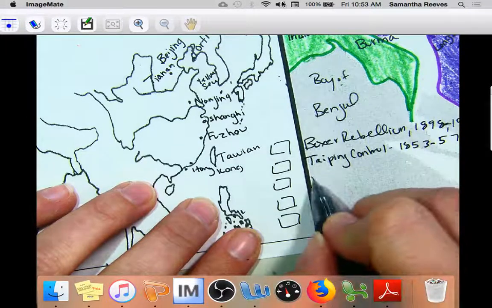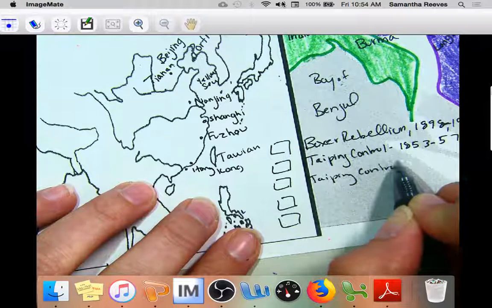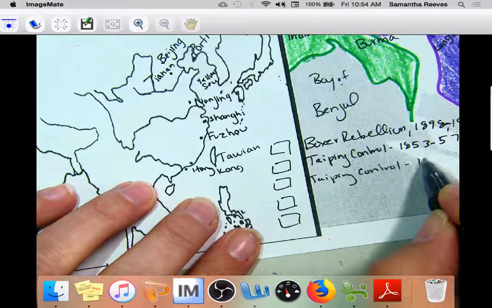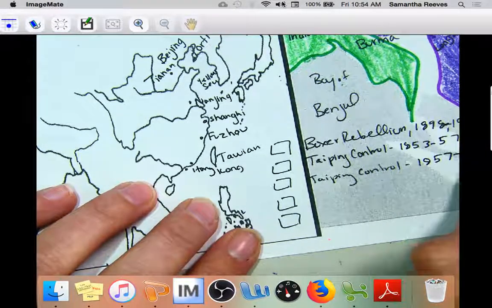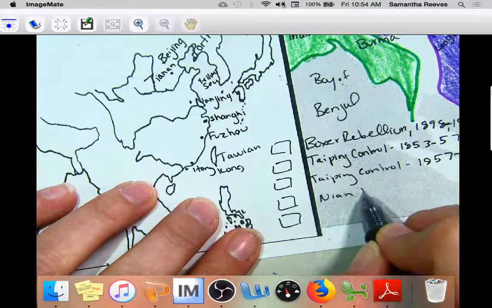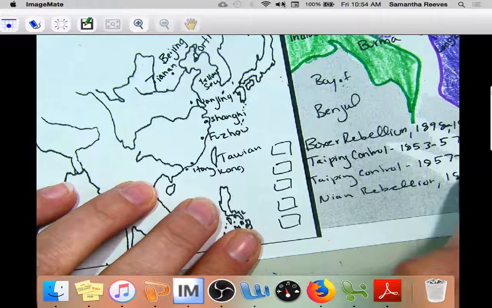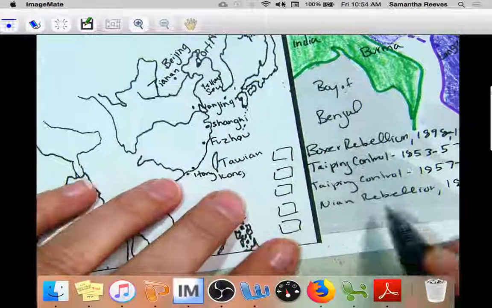And you have Taiping Control, 1857 to 68. Then you have your Nian Rebellion, 1853 to 68. And then you have your Muslim revolts.